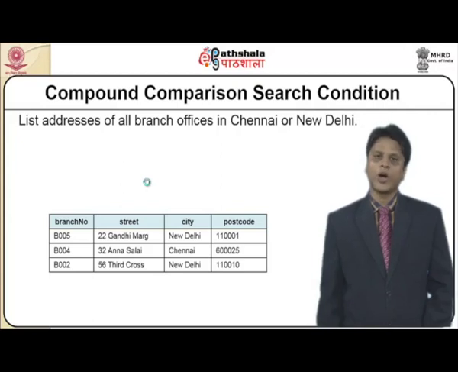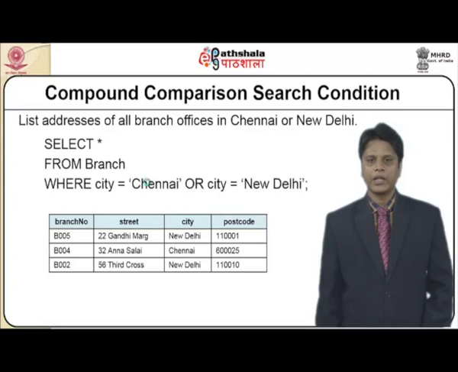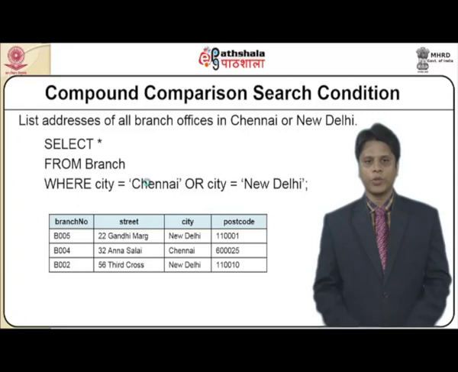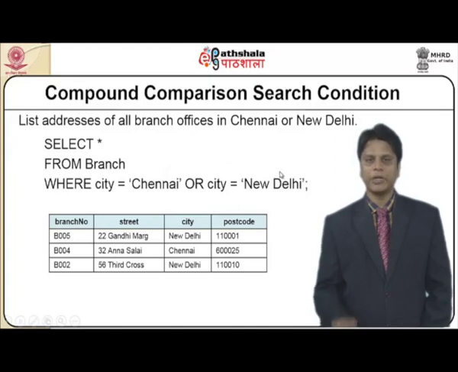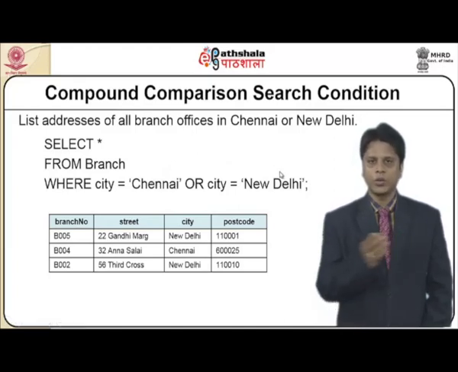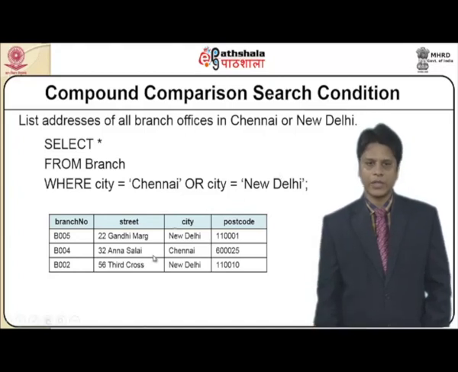Now we will go for a compound comparison condition where we want to have an either-or type. So now I wanted to indicate, select star from branch where city is 'Chennai', as I have indicated, that should be given within quotes, or city is equal to 'New Delhi'. So any one of these values, city should be Chennai or New Delhi, that should be taken, and for which all the rows and all the columns are to be listed out.